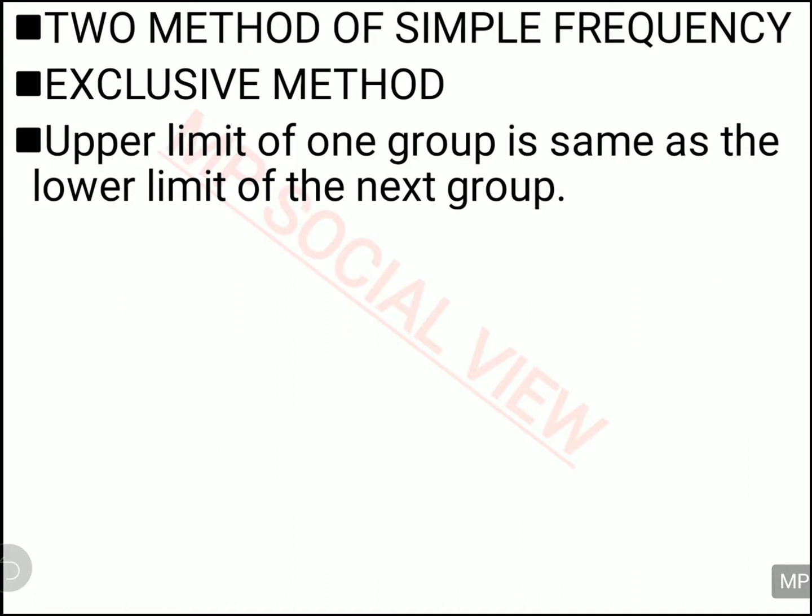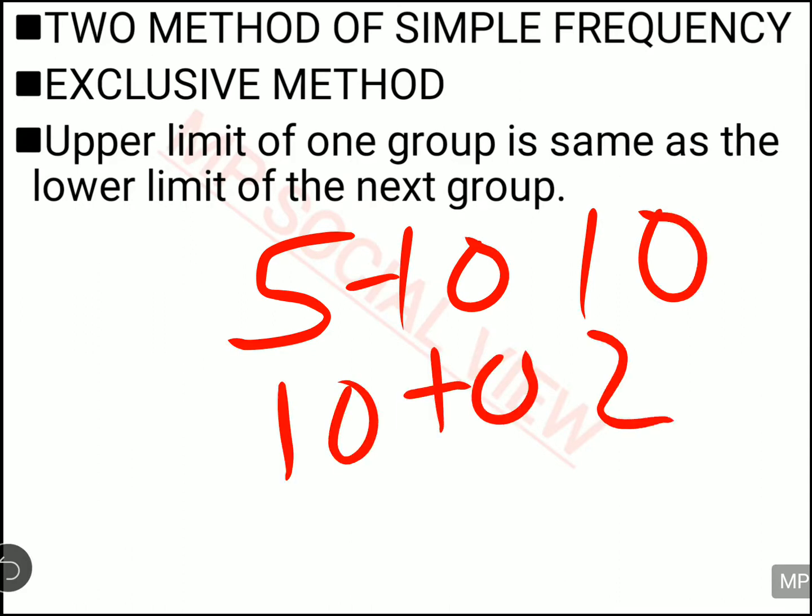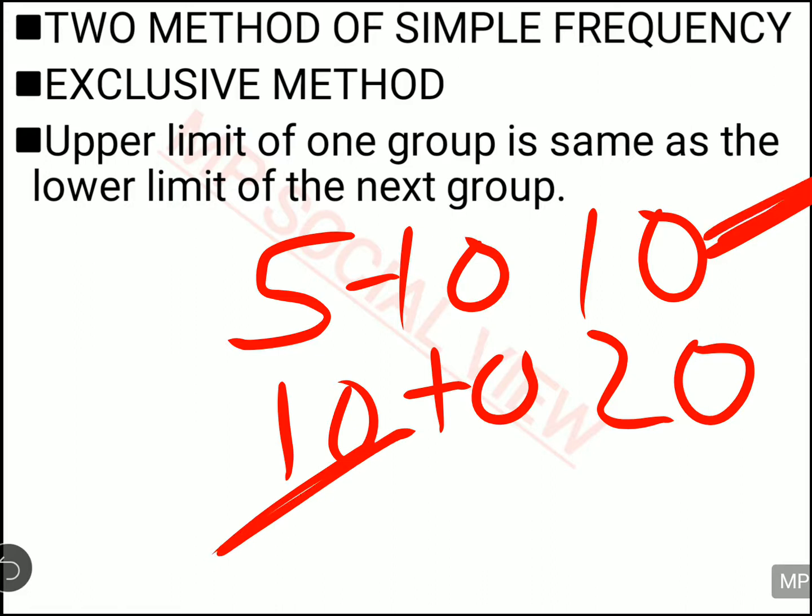Like if it is a 5 to 10 class and then you have a 10 to 20 class, the upper limit of one class is actually the lower limit of the second class. The previous class's upper limit is the present class's lower limit.